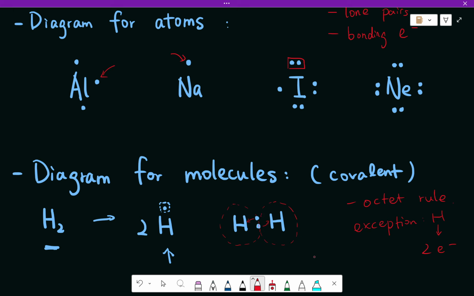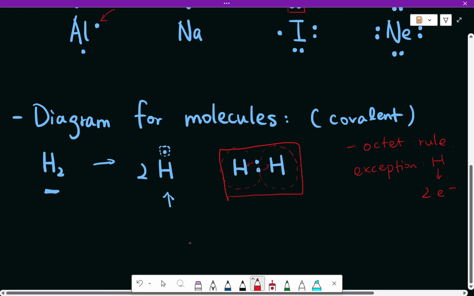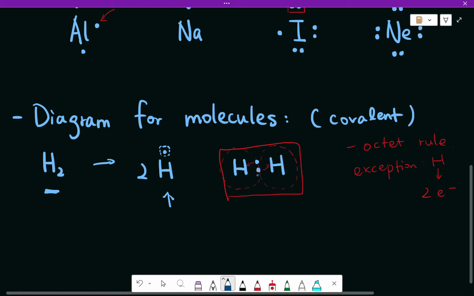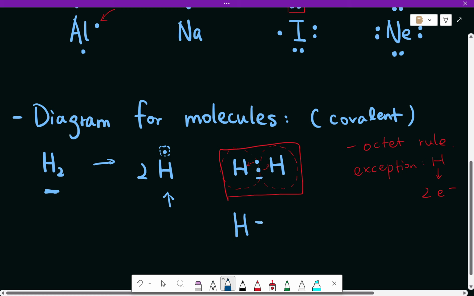So they're happy, they're stable. Therefore, this would be the correct Lewis diagram for the hydrogen gas molecule. And in a Lewis diagram, we use a dash to represent a paired up electron. So we use this to represent hydrogen gas.